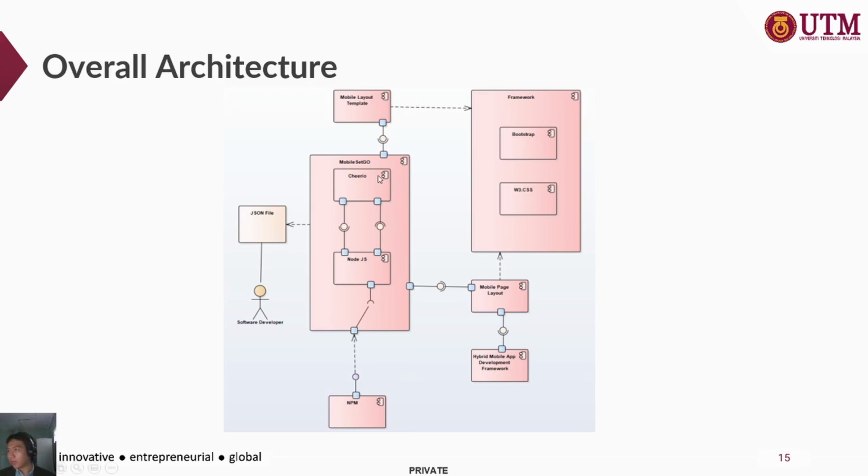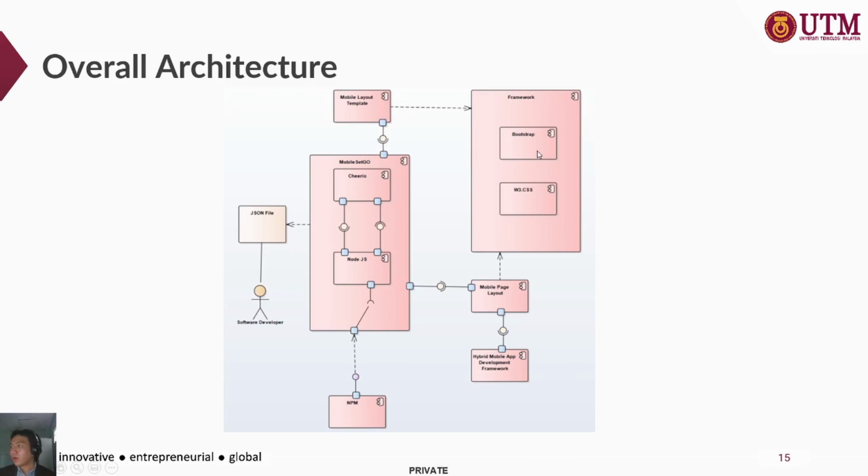And MobileSetGo will look into the library, the mobile layout template, and this library will refer to which framework the user set or configured in the JSON file.